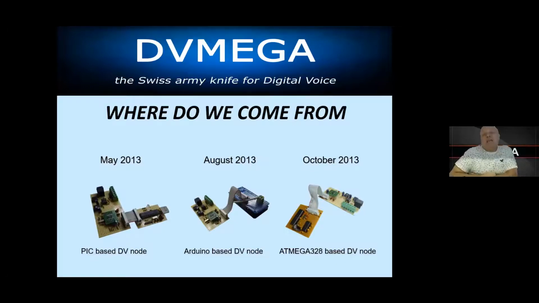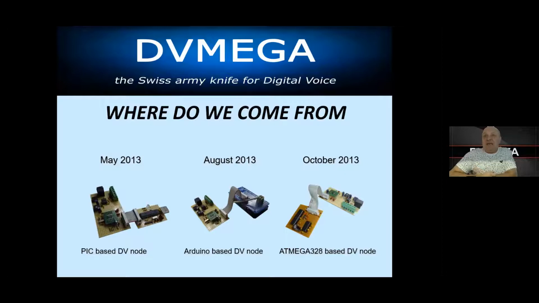There was a hotspot made by Mr. Satoshi. He's a Japanese ham radio amateur, and as far as I know, he was one of the people that did the D-Star spec.